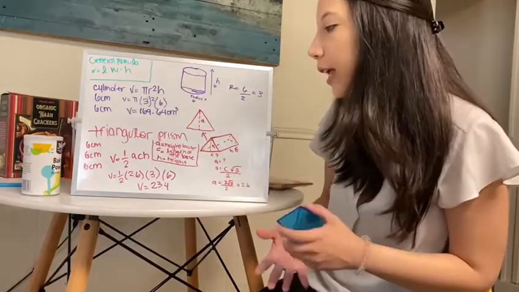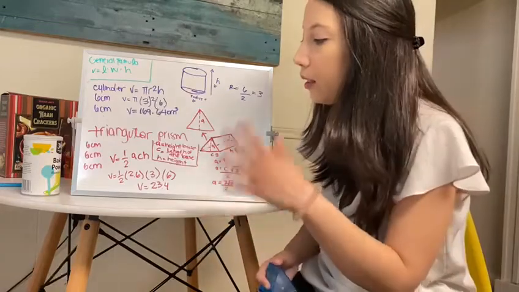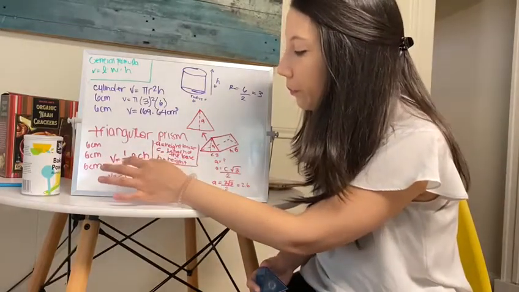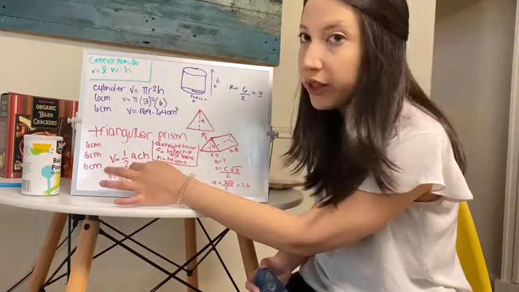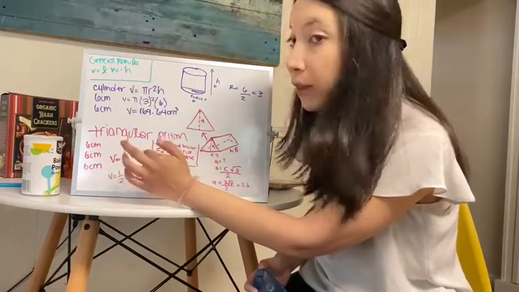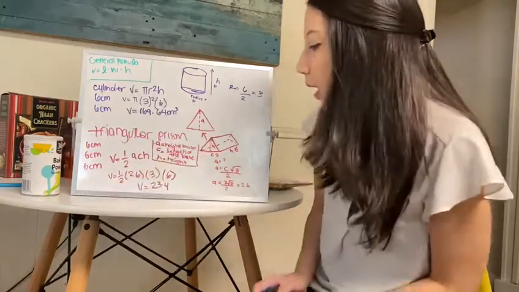So in order to get the volume of the triangular prism, the formula is volume equals 1/2 A, which stands for the height of the base, C, which stands for the length of the base, and H, which stands for the height.